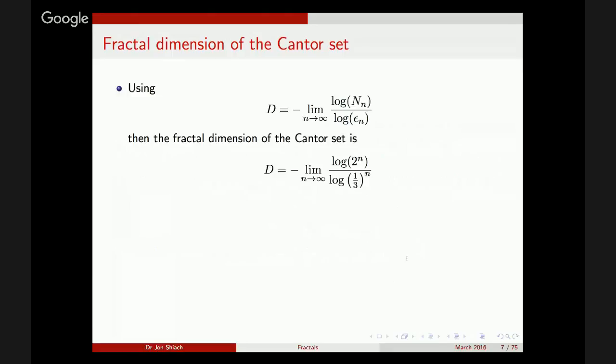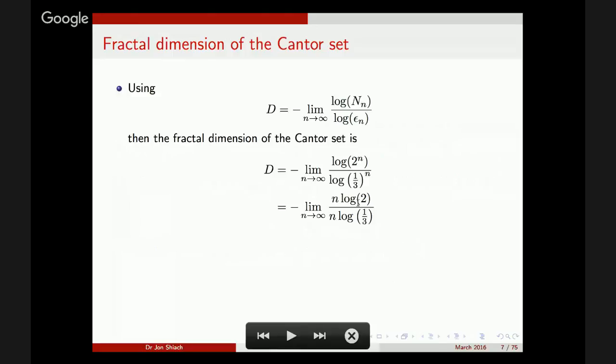So let's have a look at that limit. Using the laws of logarithms, we take the power outside. So for log 2 to the power n, we can take the power n outside the log and multiply the log by it. That gives me this step. So I've got n on the top and n on the bottom, and n divided by n cancels out.